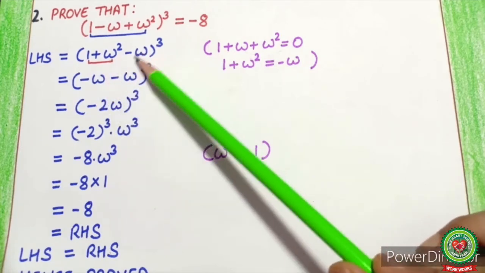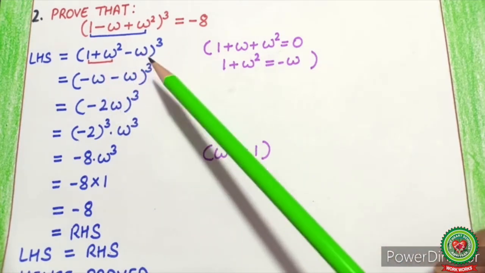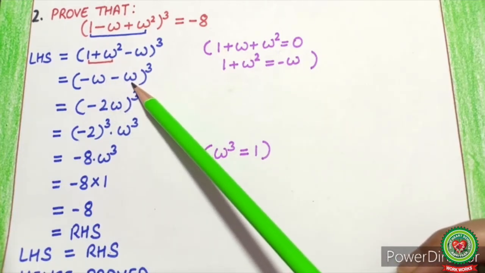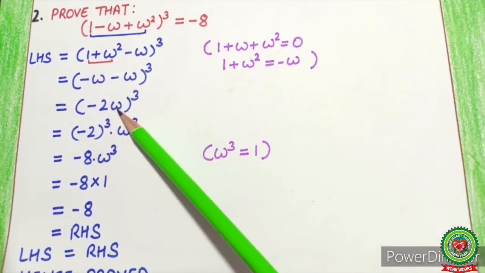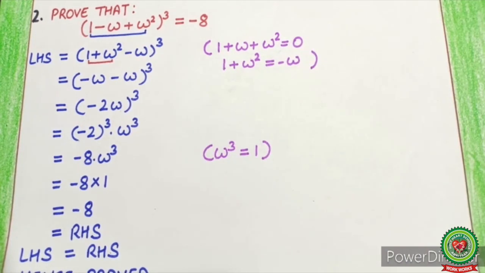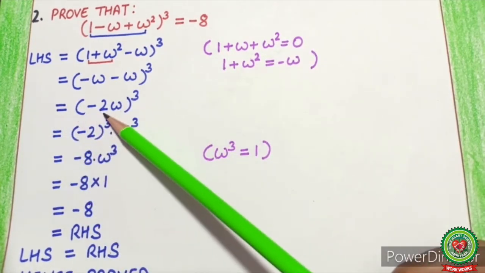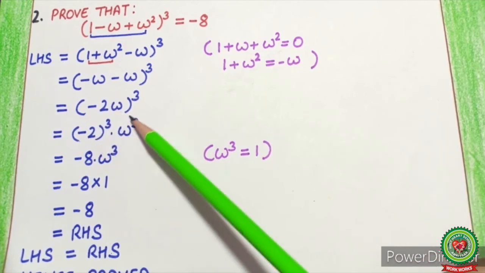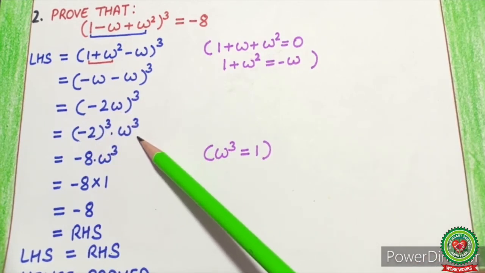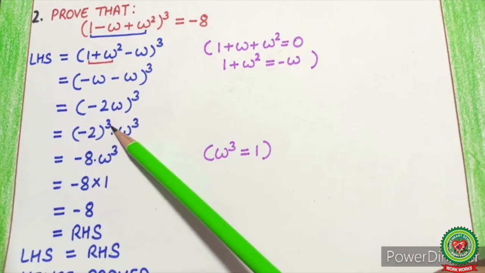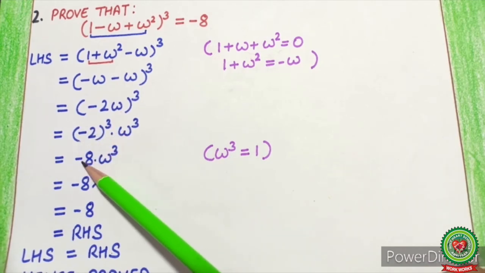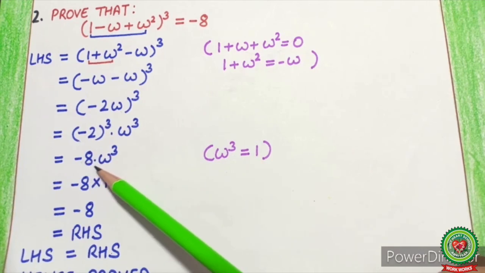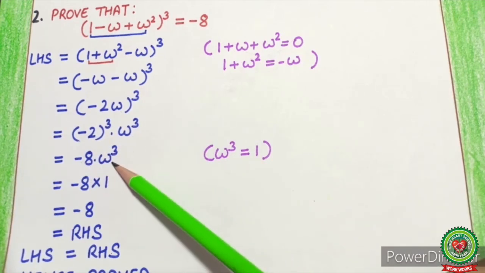So here the value of 1 plus omega square is minus omega, giving minus omega and minus omega whole cube. Our next step is to add these values, so here minus 2 times omega whole cube. Now separate the power: (minus 2) whole cube into omega cube. As we know, a minus sign cubed stays minus only, and 2 raised to power 3 is 8, with omega cube as it is.